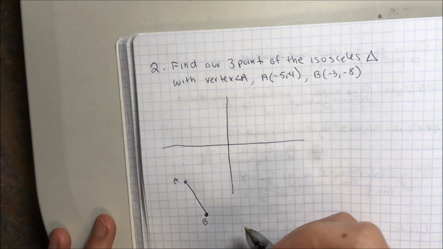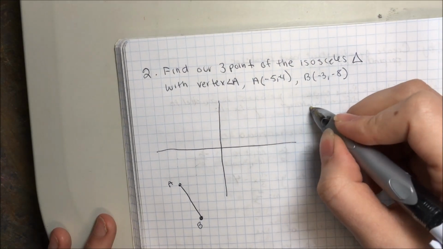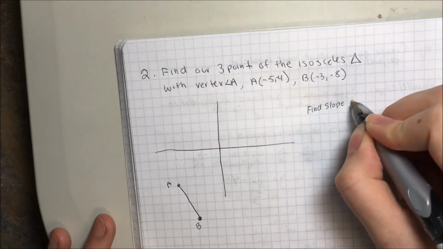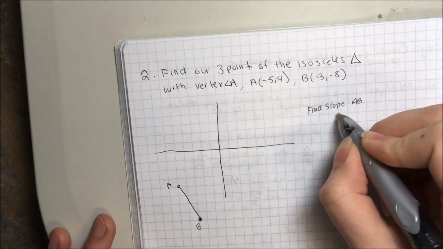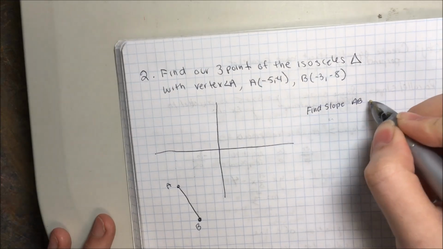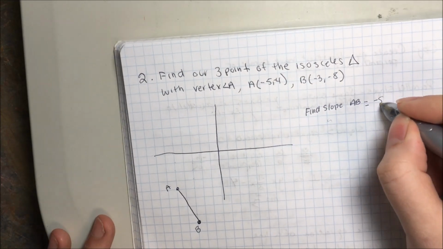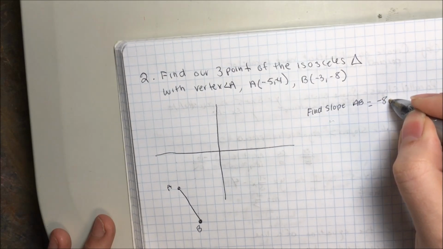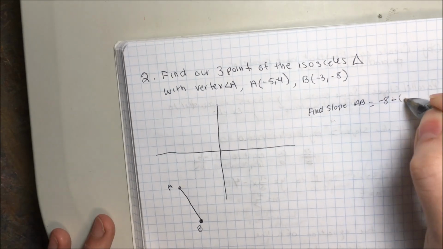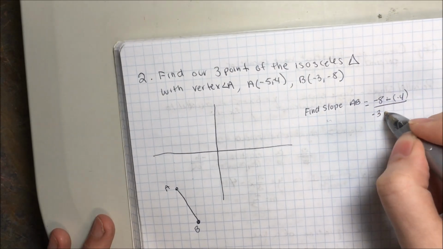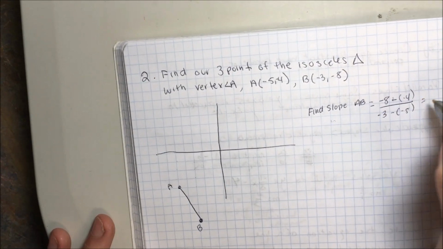So we want to find our slope of AB. So we have -8 minus -4 over -3 minus -5.